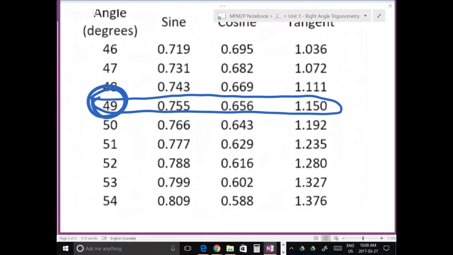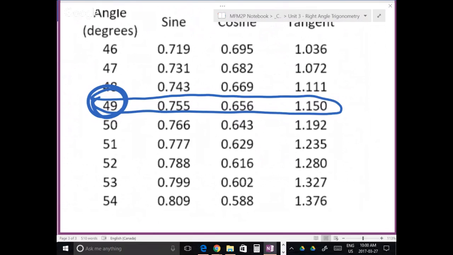But if I told you an angle had a sine of 0.755, that means that angle must be 49 degrees. Likewise, if I told you an angle had a cosine of 0.656, then that angle must be 49 degrees. And if I told you an angle had a tangent of 1.150, then that angle must be 49 degrees. Does that make sense?